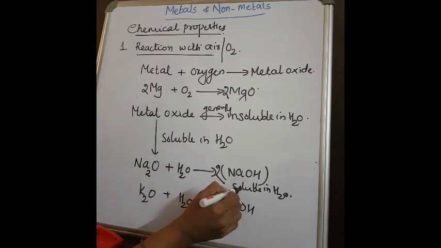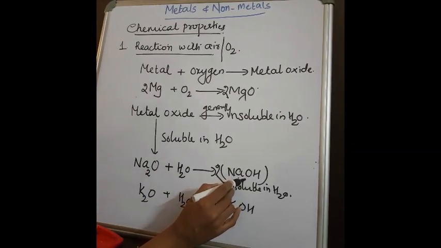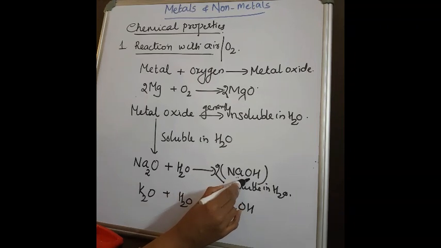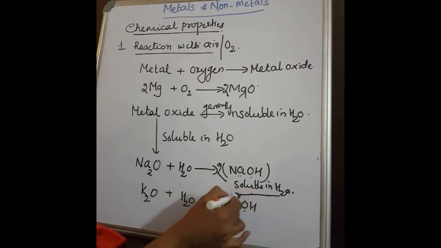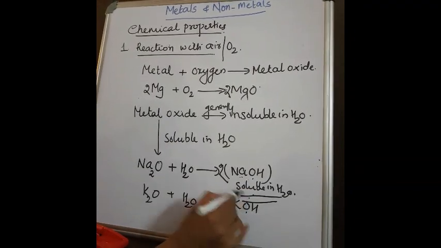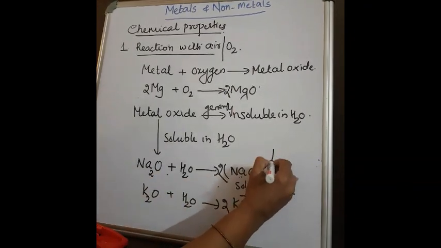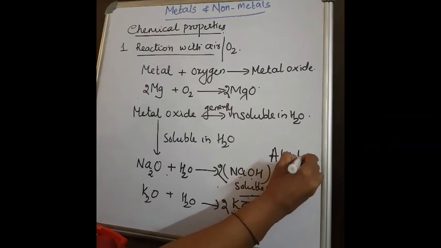This is called sodium hydroxide, which we studied in the 9th class. This is potassium hydroxide. These are soluble in water, and such oxides which are soluble in water are called alkalis. Do you remember?